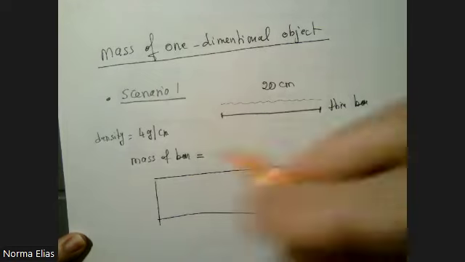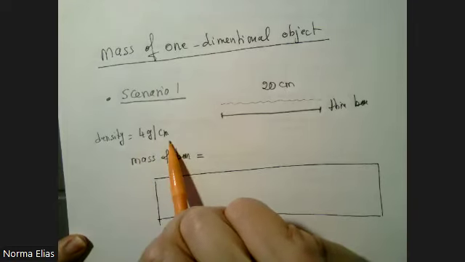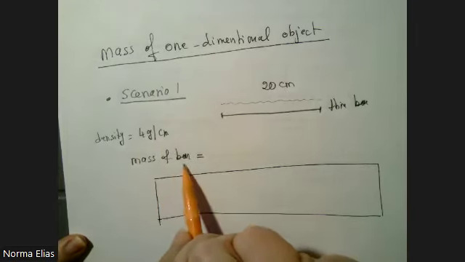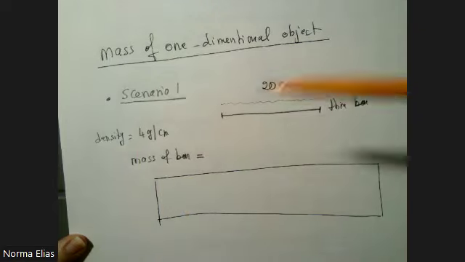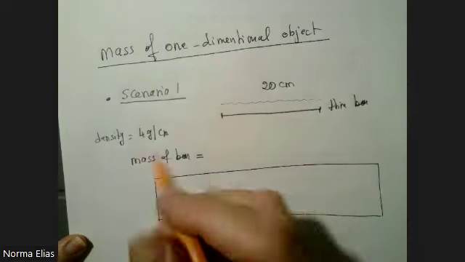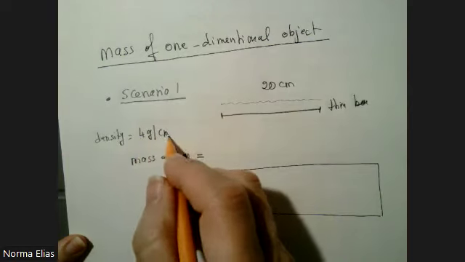So the density of the bar is 4 gram per centimeter. I'm asking you what is the mass of the bar? The bar is 20 centimeter. How would you do it quickly? 4 divided by 20. Think again. What does it mean? Density is 4 gram per centimeter.